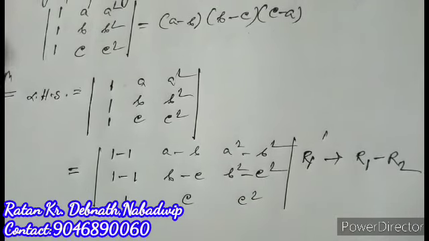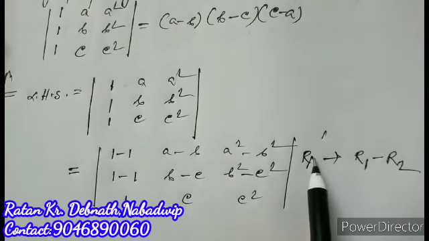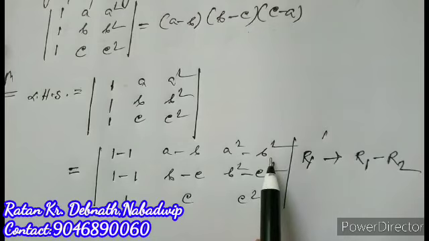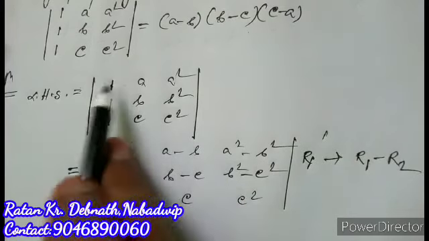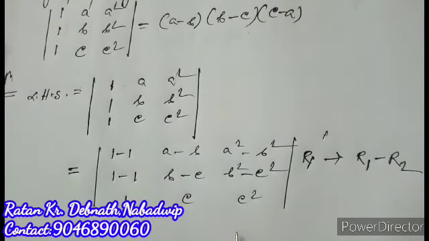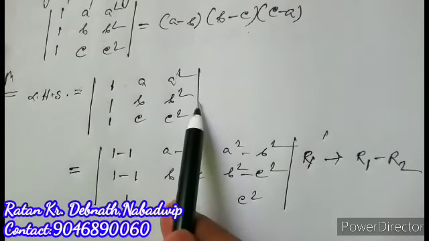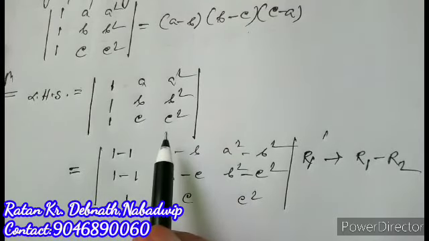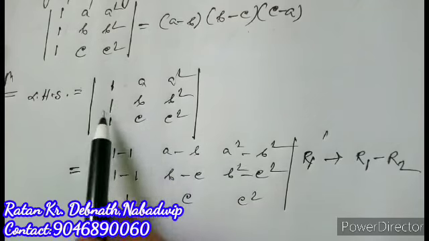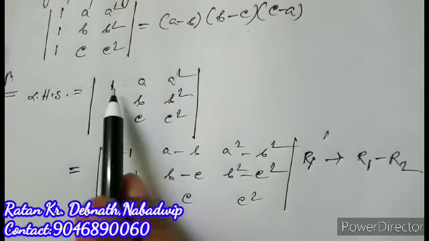What does it mean? r1 prime means new r1 formed by subtracting the second row from the first one. Look, this is the first row, this is the second row. I have subtracted the second row from the first row.